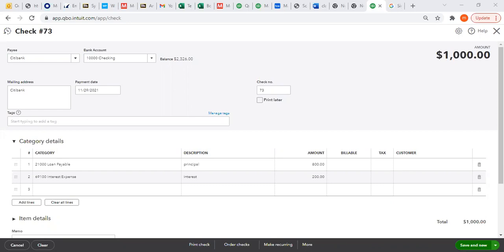Again, they're going to affect two different reports. So who wants to explain it? Which type of a report is affected when we use loan payable? You can unmute yourself. Okay, loan payable, and the second one is interest expense.